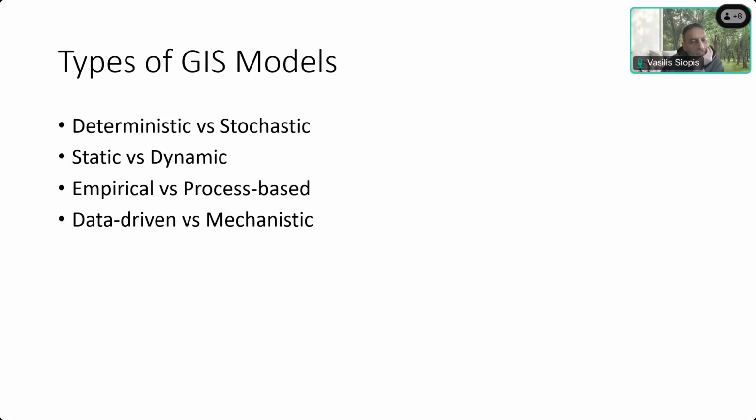I think the DEM can be a deterministic model. Perfect, Vasilis. Yes, the DEM, DTM, DSM, the surface models. All these kinds of models are deterministic models. Okay, the hydrological flow direction, which we can create from a DEM, the hillside. I think you have done this kind of exercise, right?